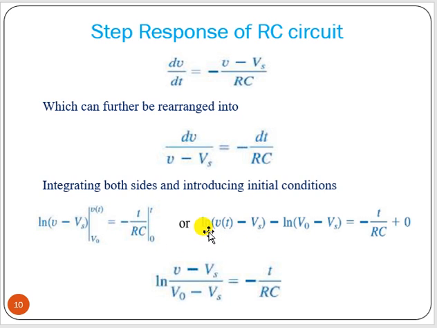Okay. So now if we apply the boundary conditions, we can write ln(V(t) minus Vs) minus ln(V0 minus Vs) equal to minus t/RC plus 0, because we have a 0 term here. So we have ln of (V(t) minus Vs) divided by (V0 minus Vs) equal to minus t/RC.